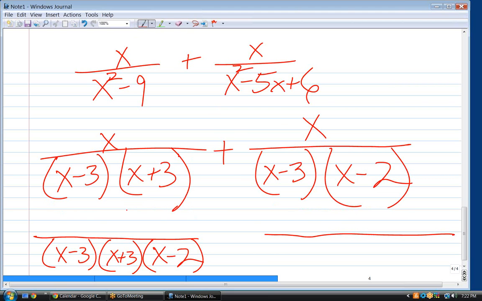Okay, so what goes here? 2x. Oh wait, just x. Wait, I'm confused. What?